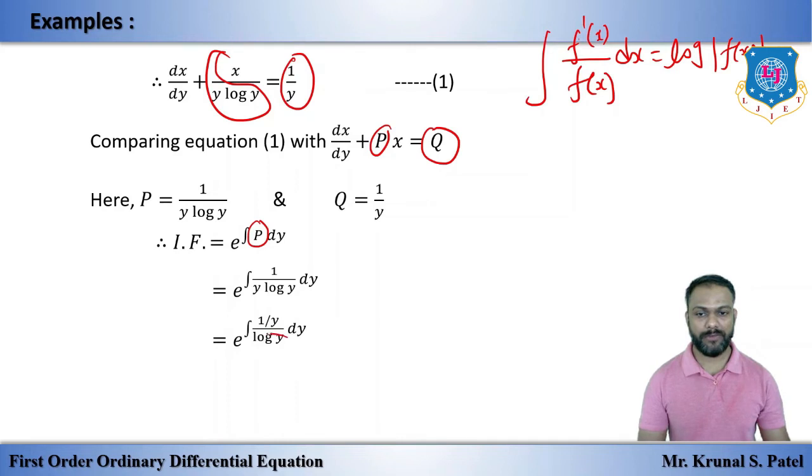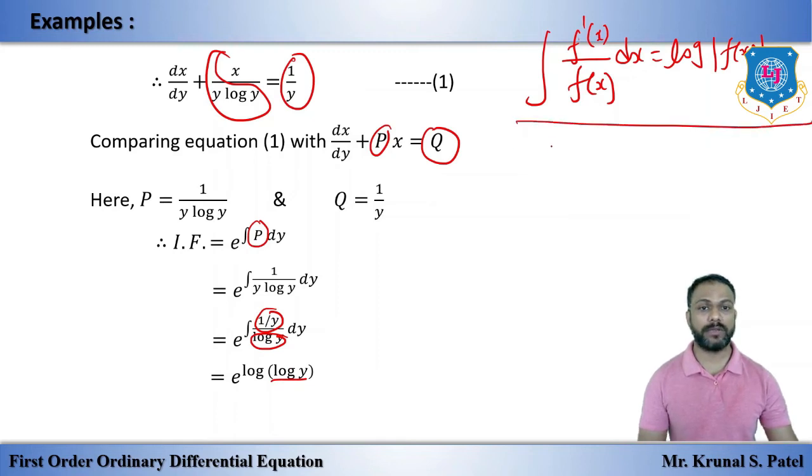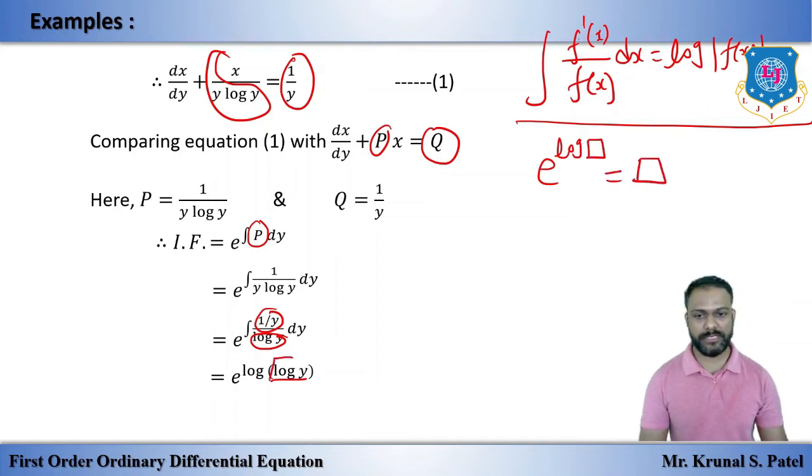So log y is our function, differentiation is in the numerator, so we have log of log y. Now we know, as I told, the simple logic is that e raised to log of anything is that thing only. So we have e raised to log of this log y, so this becomes 1, so we have log y, this is our IF.